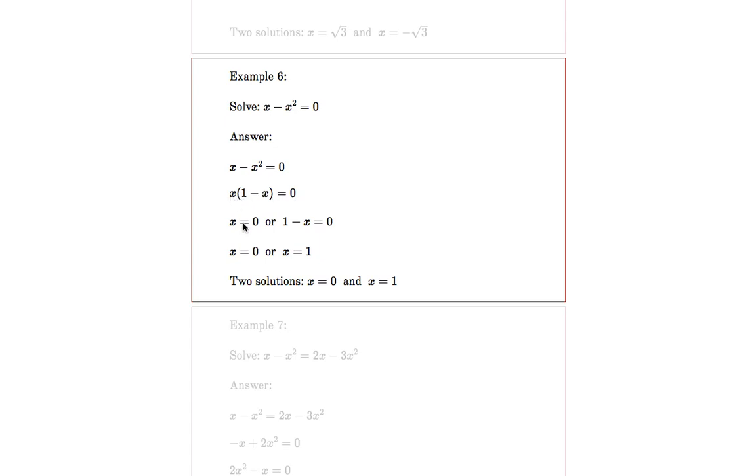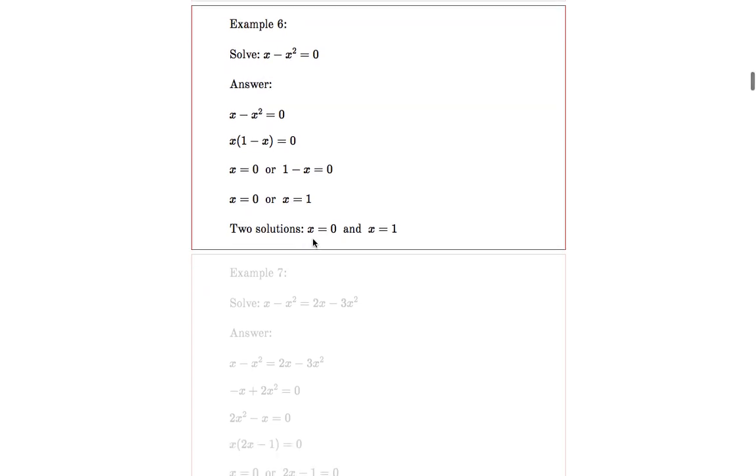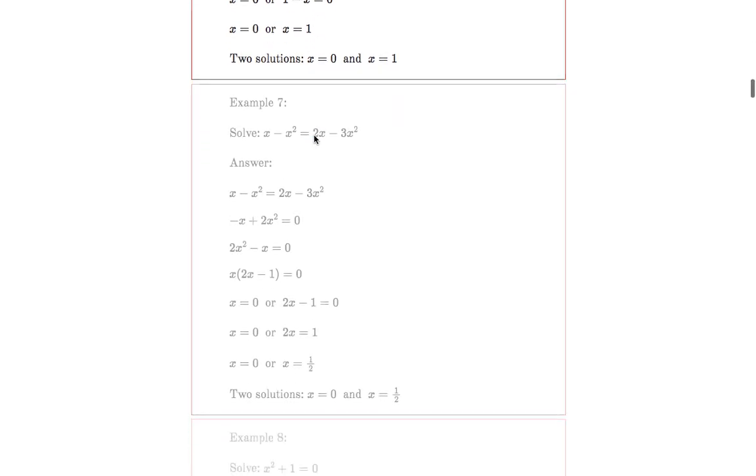So this x is 0 or 1 minus x is 0. Okay, that's simple. x is just 1. Two solutions, x is 0 and x is 1. We can check this one, for example. 1 minus 1 squared is 1 minus 1 is 0. That's correct.